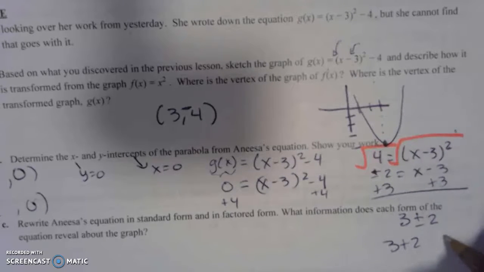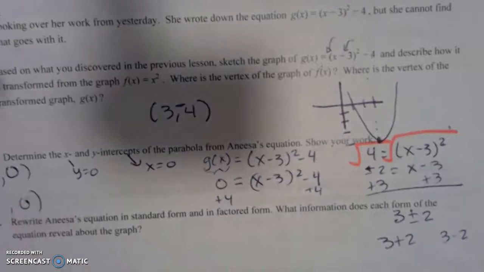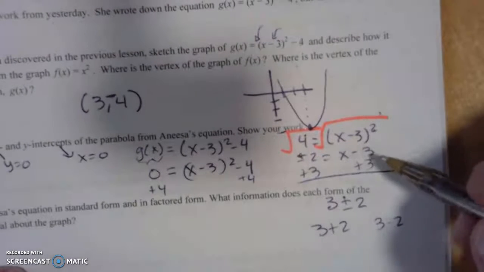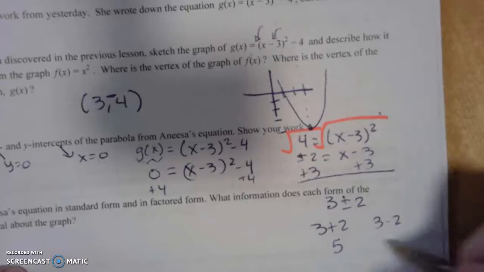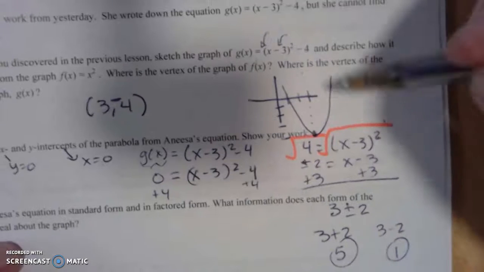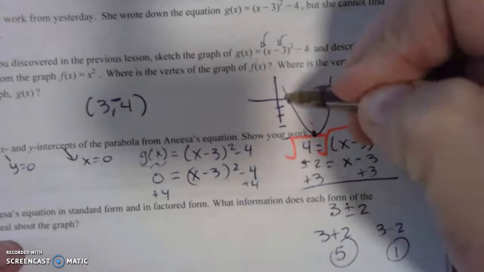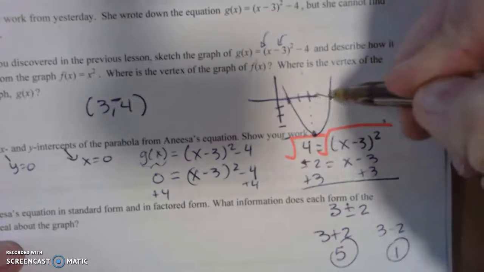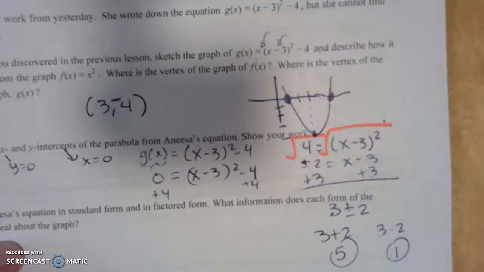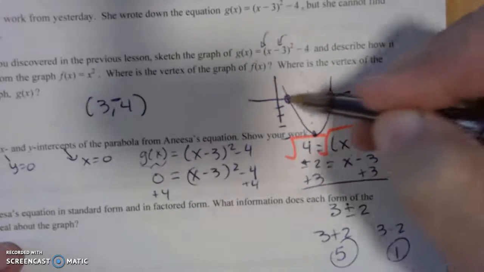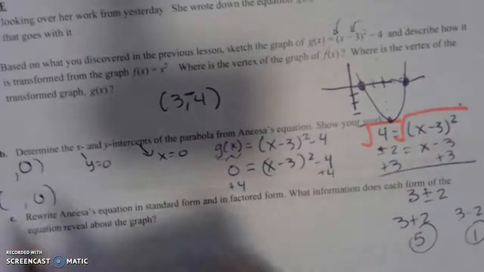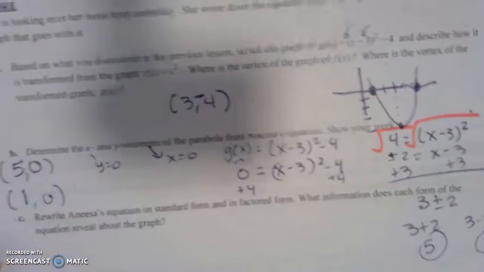So 3 plus 2, 3 minus 2, we get 5 and 1. If I look at my graph, I got lucky here. I crossed at 1, and this is 3, 4, 5. I'll put 5 right here. So my x-intercepts, when we set y equal to 0, are 5, 0 and 1, 0.